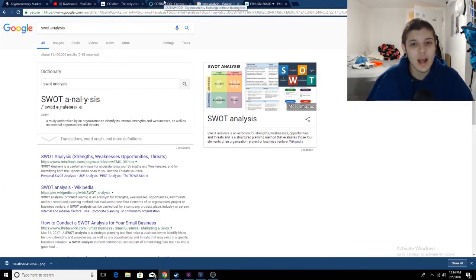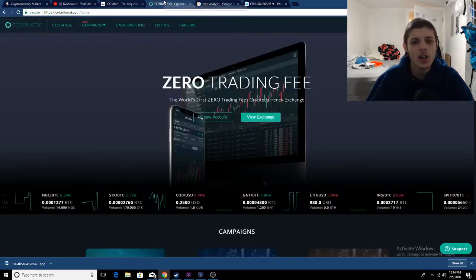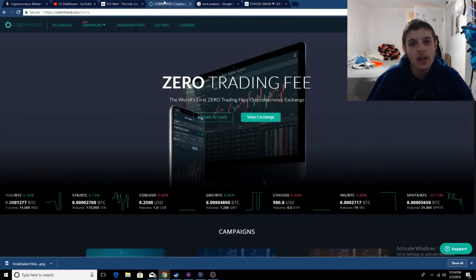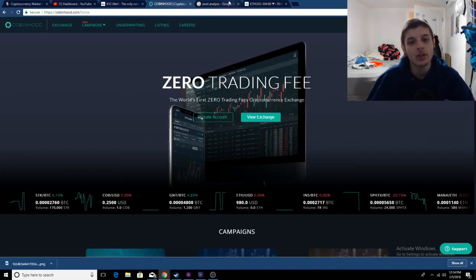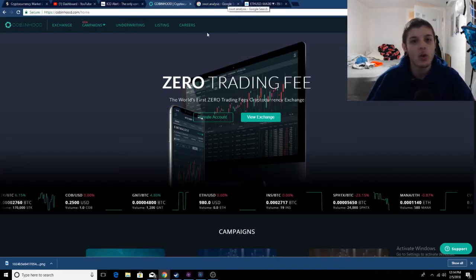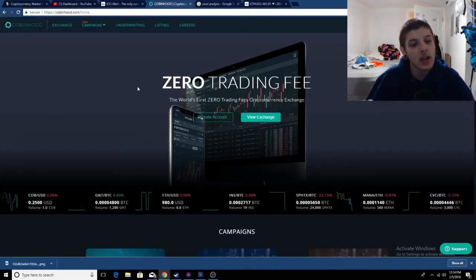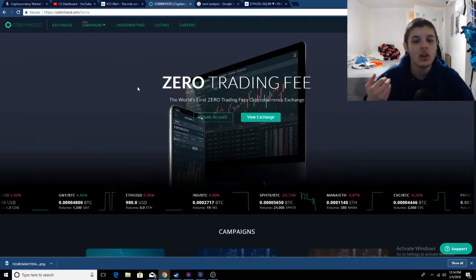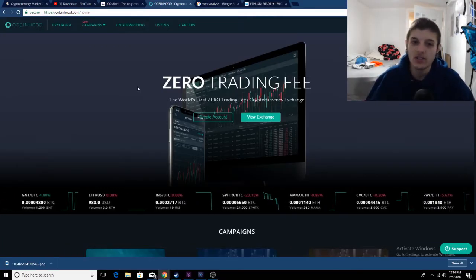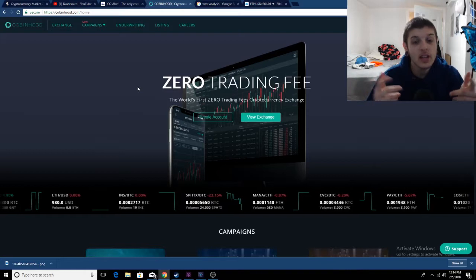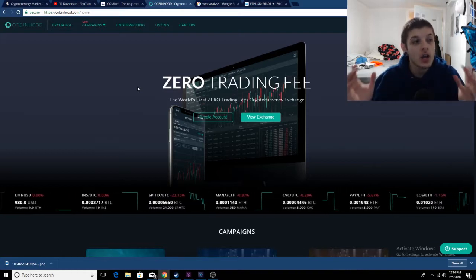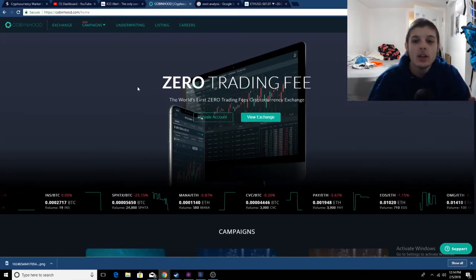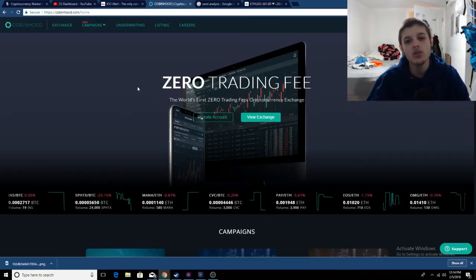So here we are on Robinhood, and we're going to be talking about the strengths, the weaknesses, the opportunities, and the threats. This is how you would do it for an ICO. Let's start off with the strengths. What are the strengths of this? Well, firstly, there's a huge market opportunity. Cryptocurrency trading is huge.